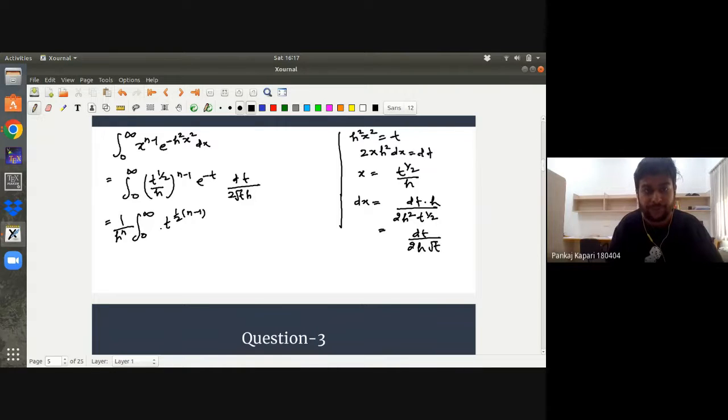Now this 2 also comes out, and because this is t to the power half, you just subtract this half from here, and this is e to the power minus t dt. So what do we have? Half, times 2 to the power h, so 2 times h to the n, integral from 0 to infinity.